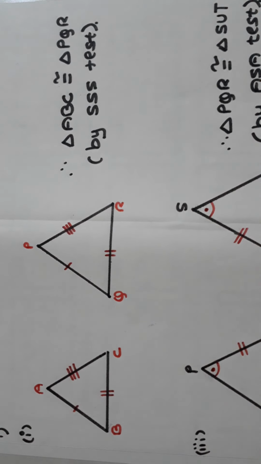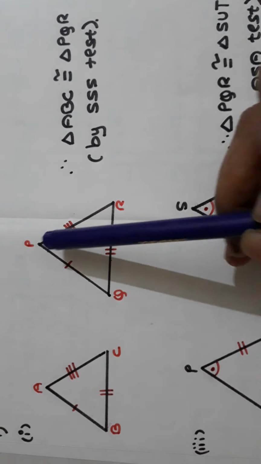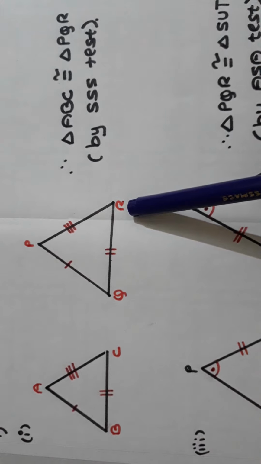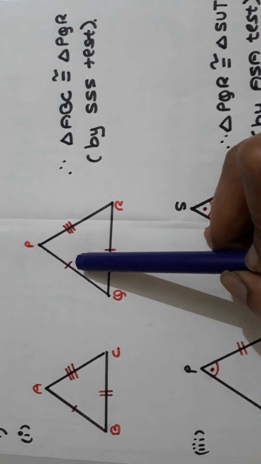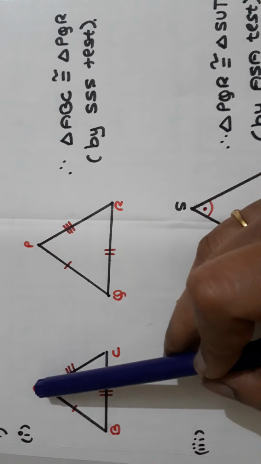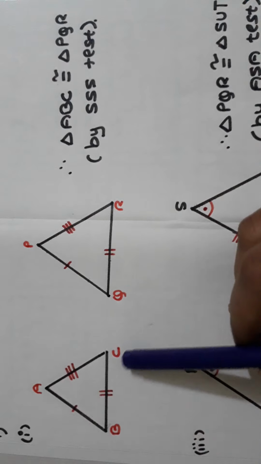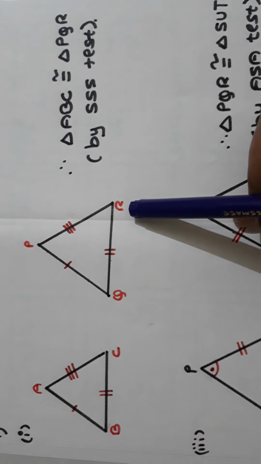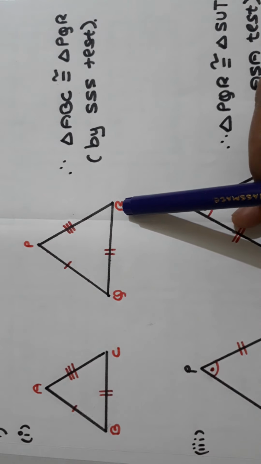Now take the first example. Triangle ABC and triangle PQR. Now AB and PQ are indicated by the same sign, so that means side AB and side PQ are congruent. Similarly, BC, QR are congruent. AC, PR are congruent.